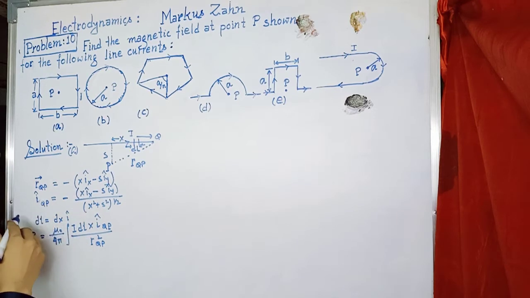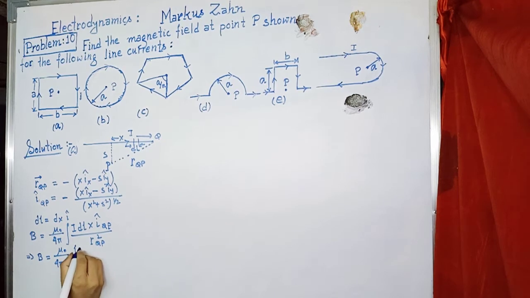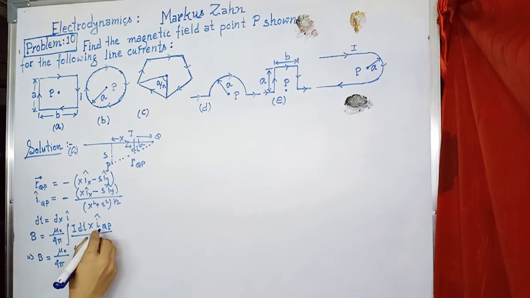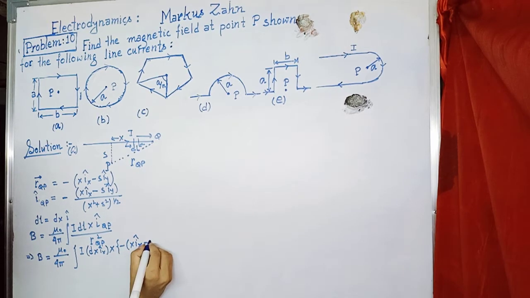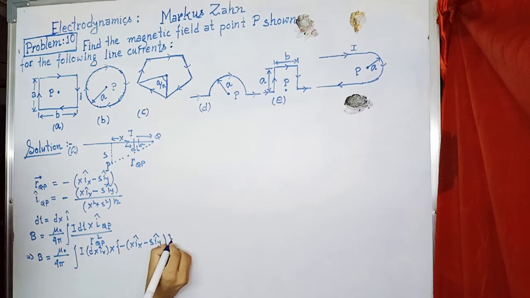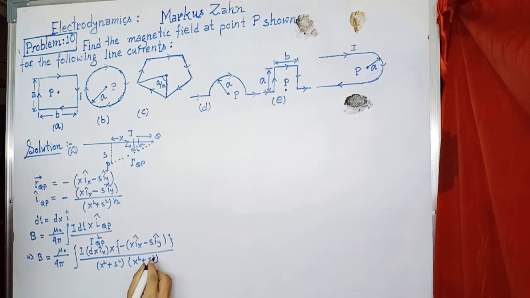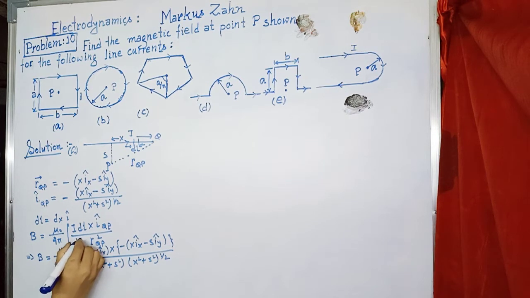Now we will substitute the value of all these parameters. Then B will be equal to mu naught divided by 4 pi integral of I, and instead of dl we will write dx ix cap, cross IQP, which is minus x ix cap minus s iy cap divided by x square plus s square into x square plus s square to the power half, and the limits of this integral are from minus L to plus L.